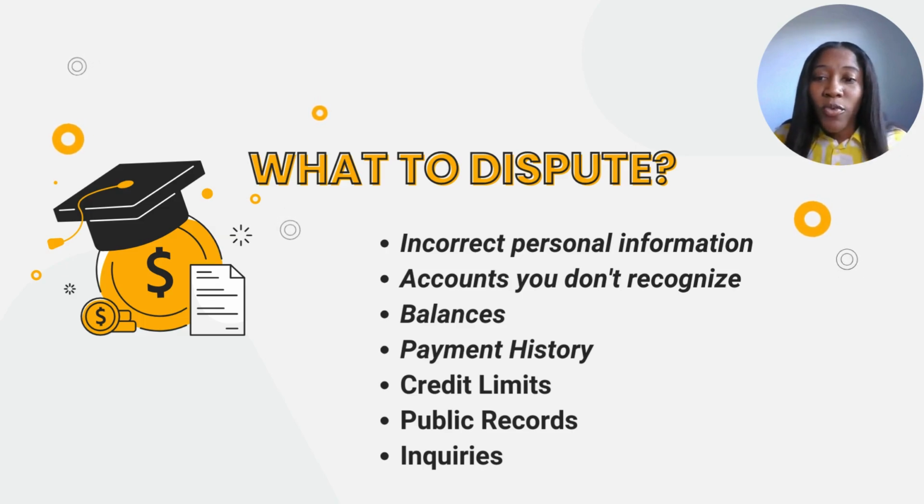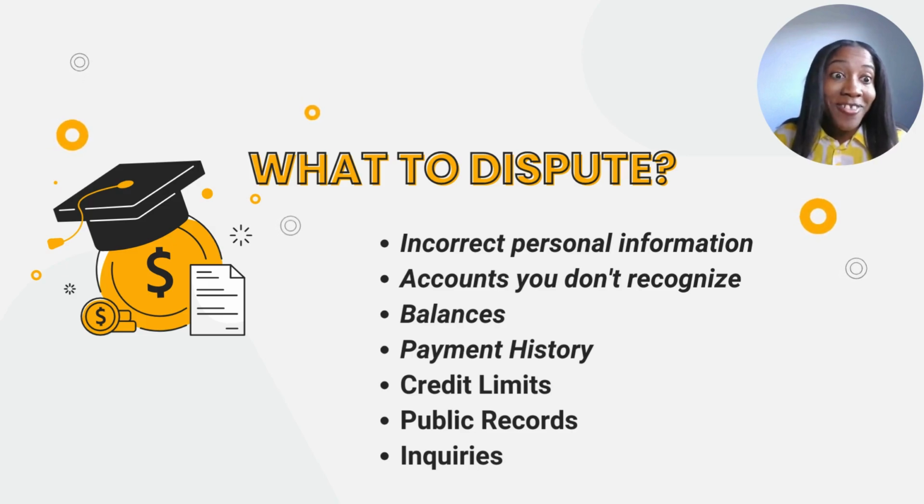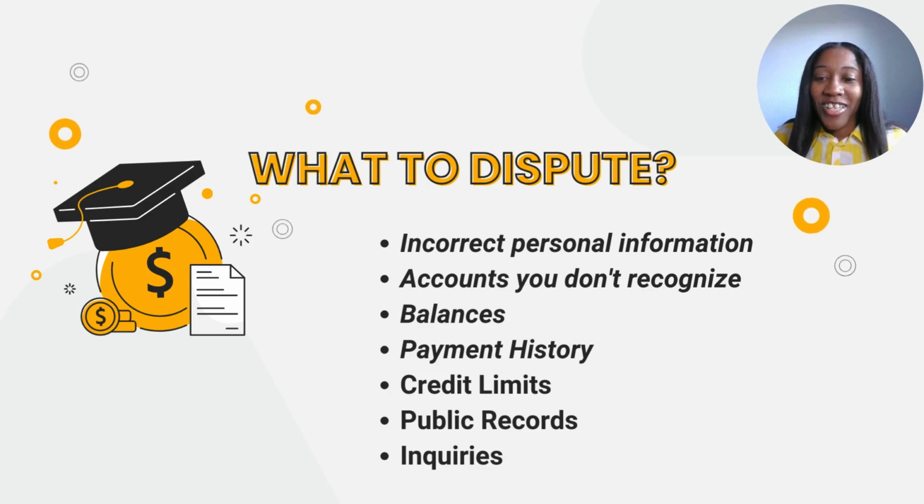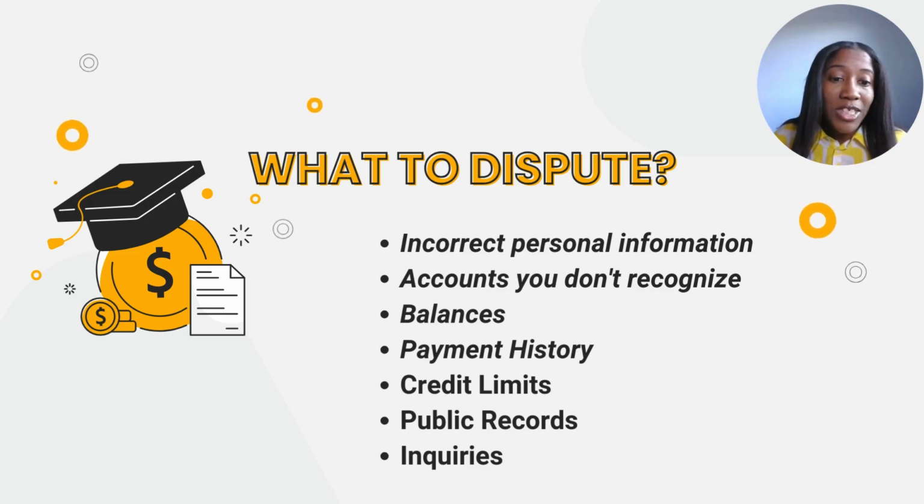And then for public records, you're going to look for things like bankruptcies, tax liens, and judgments. Make sure they're correct, or maybe they shouldn't be on there. And so you want to make sure that you dispute those definitely. And then for the inquiries, make sure that you did authorize those inquiries. And if not, that's something else that you want to dispute.